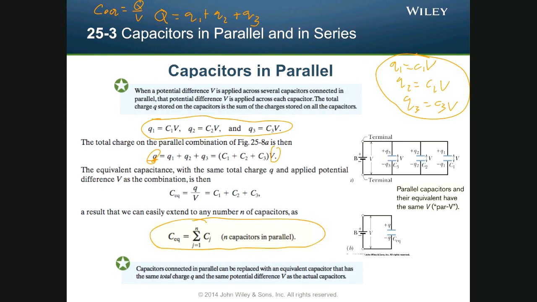In lab, you can look in the book and that'll give it away, but you're going to have to play around with resistors, a different circuit element, and derive the rules in a similar way for how they add. Basically, capacitors wired in parallel, these three, can be replaced with an equivalent circuit.